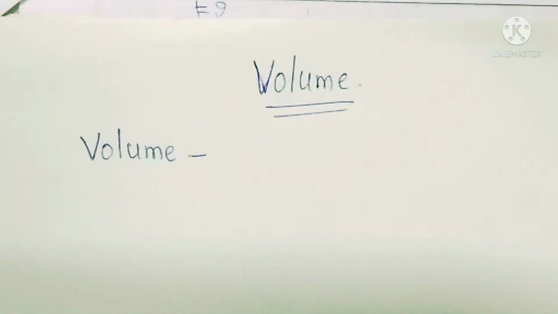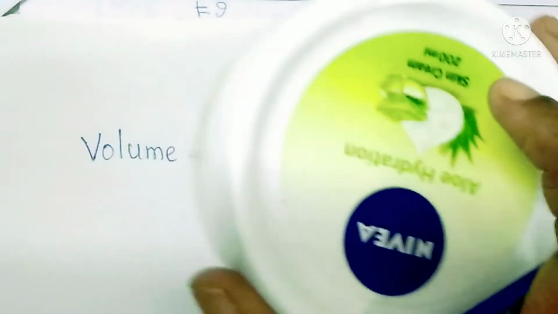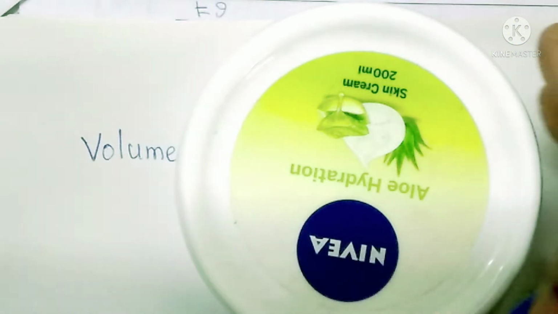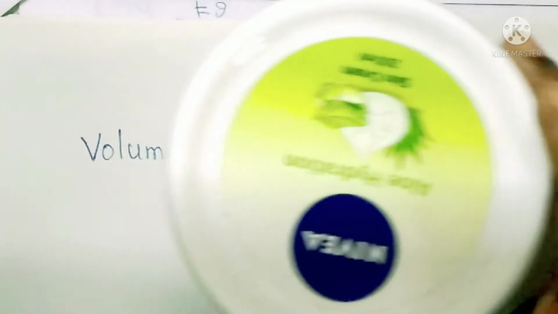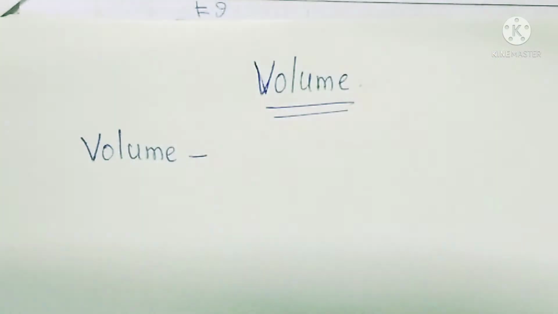Now if I have this box with me, how much space, not place, means only the plane surface, that is area, but how much space it occupies, that is called its volume. Okay, now volume is what?